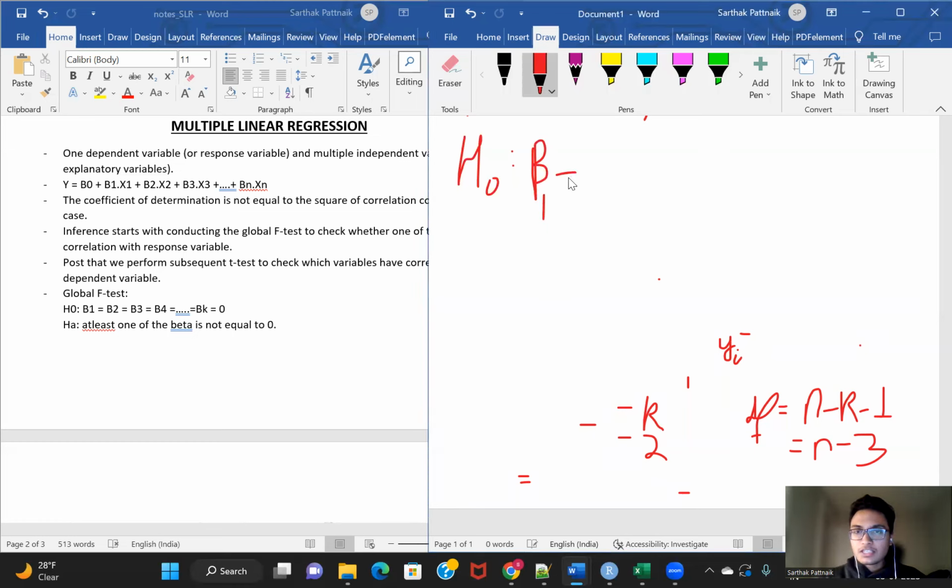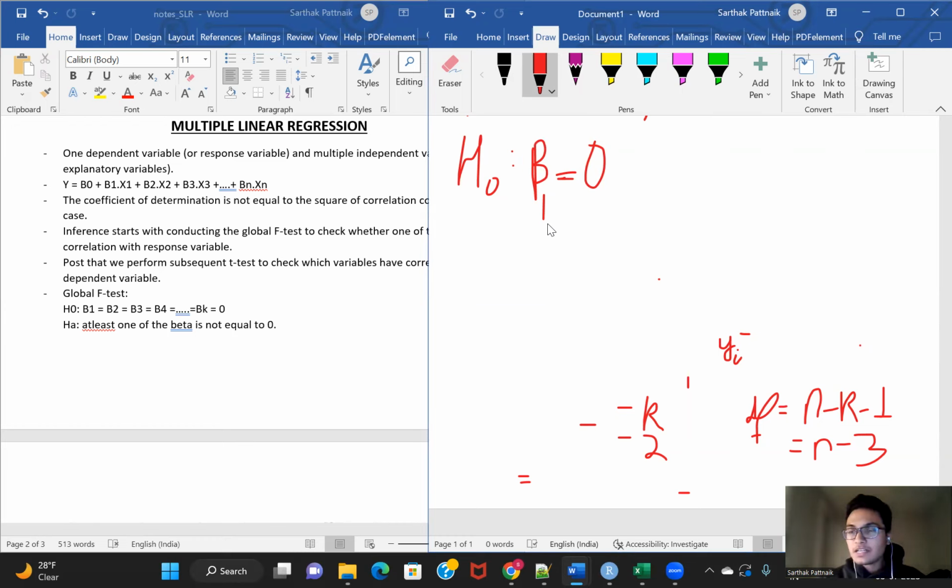This was our initial condition. Now, this was pretty much straightforward for simple linear regression because we had only one explanatory variable, and the slope corresponding to that is going to be the one determining the association.